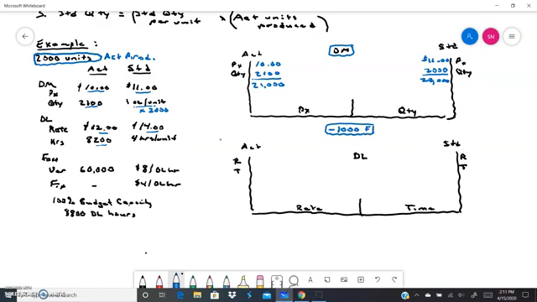Then what we're going to want to do is we're going to look at our price variance and our quantity variance. If we're looking at price, we want to isolate and hold constant, rather, our quantity. And if we want to look at quantity, we want to hold constant our price.